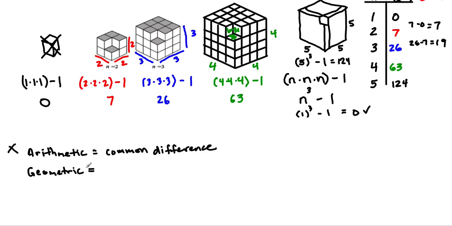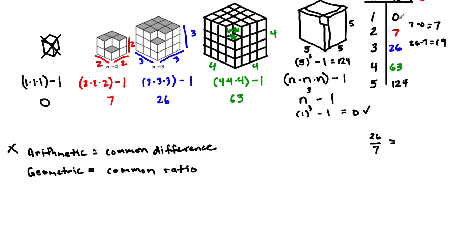Remember, with geometric, you're going to have a common ratio. If you take one term and divide it by the term before it, we should get the same quotient each time. That ratio should simplify to be the same. So let's try that here. Let's do 26 divided by 7.